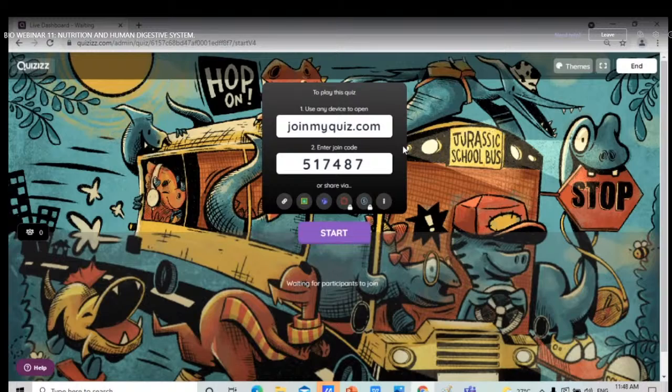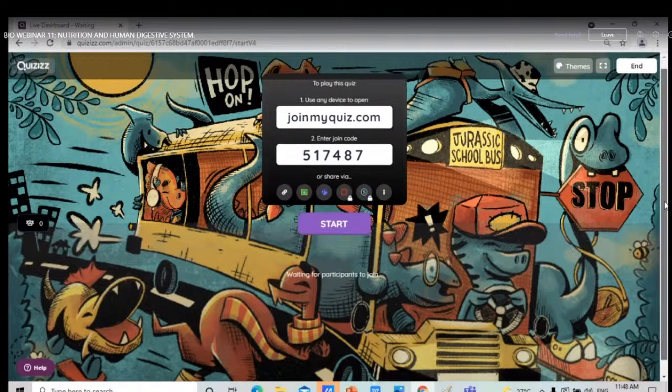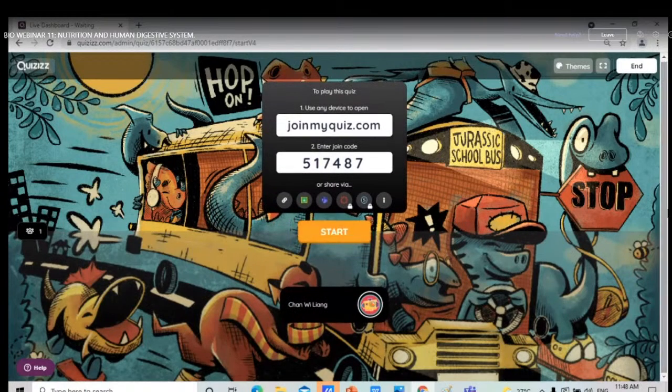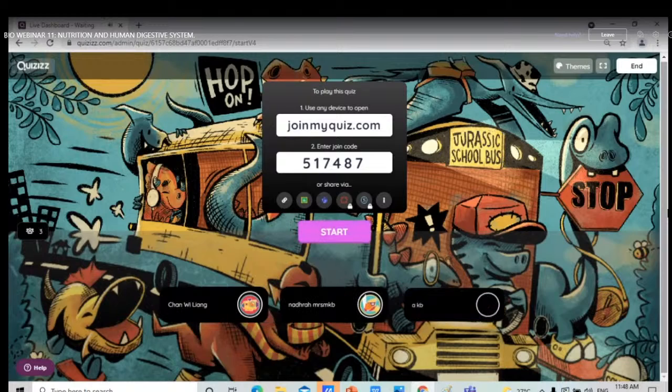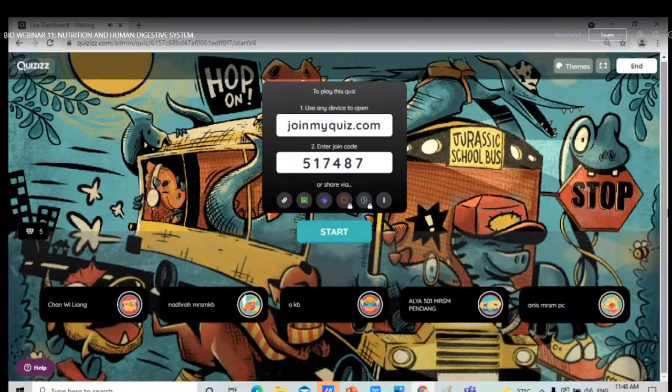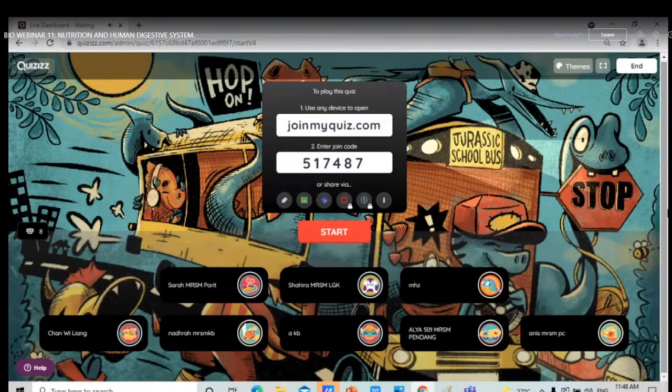So cikgu bagi masa 2 minit. Okey, nama akan terpapar dekat ni. So cikgu akan bagi masa lebih kurang 1 minit untuk tunggu. Okey, Chan William daripada MRSM mana? So boleh letak nama MRSM dekat belakang. So kita tengok MRSM mana yang hebat pada hari ini. Nadira daripada MRSM KB. Alia MRSM Pendang, Anis MRSM PC, Syaira MRSM LGK.